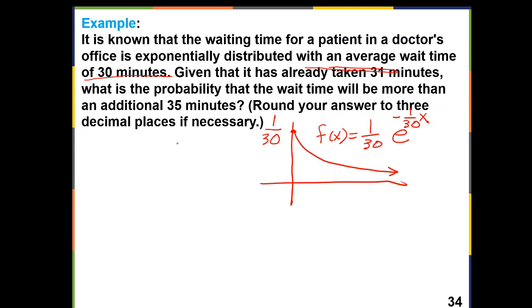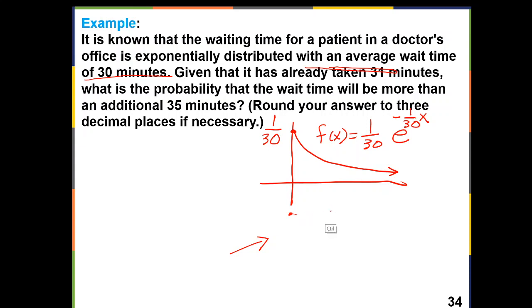So that's the distribution. Now, the question is, given that it has already taken 31 minutes, what's the probability that the wait time will be more than an additional 35 minutes, right? So the exponential distribution doesn't have memory. Whenever you enter a building, you start this time, and then the waiting time is exponentially distributed.